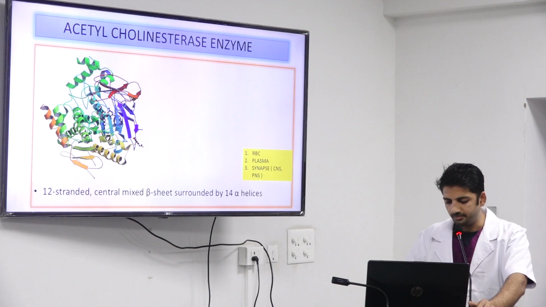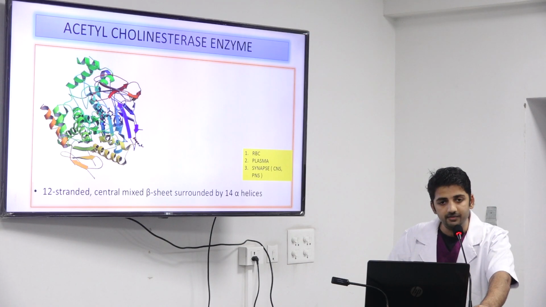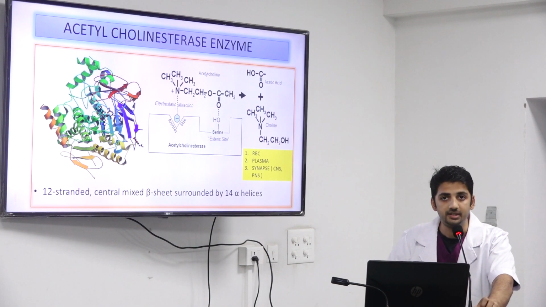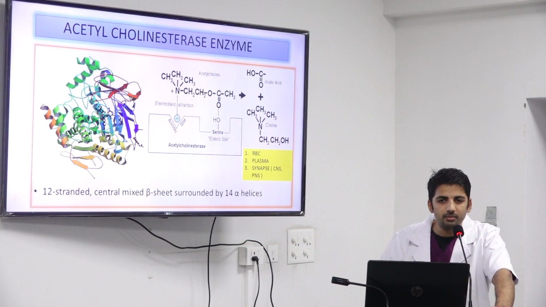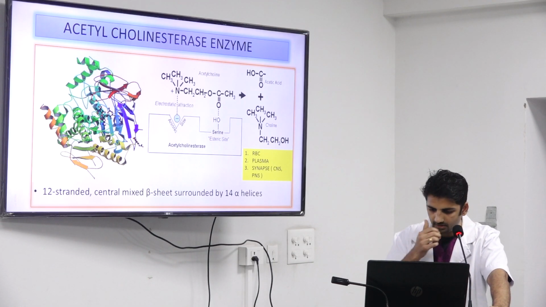So before knowing how the OP compound manifests all the muscarinic and nicotinic symptoms, we should understand the structure of the acetylcholinesterase enzyme, because all the management of OP poisoning depends on this enzyme. It is a 12-stranded mixed beta sheet surrounded by 14 alpha helices. It has two important sites, the anionic site and the esteric site.